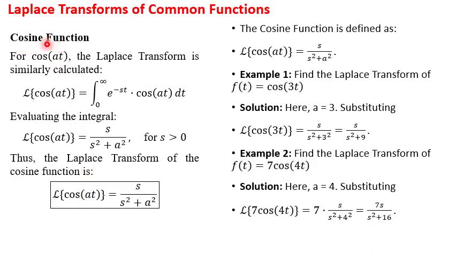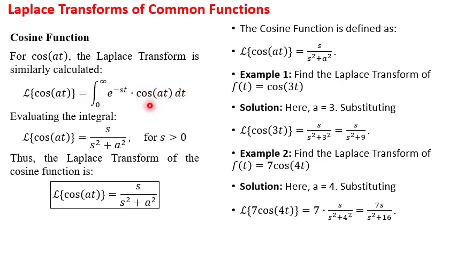All right, next we look at the cosine function. The Laplace transform of the cosine function is calculated similarly to that of a sine function. The Laplace transform of cosine of at, by the general definition, is the integral from 0 to infinity of e raised to power minus st times the function of t dt.